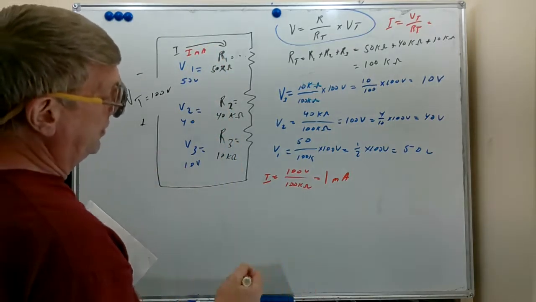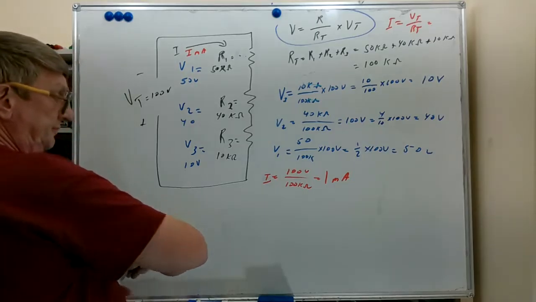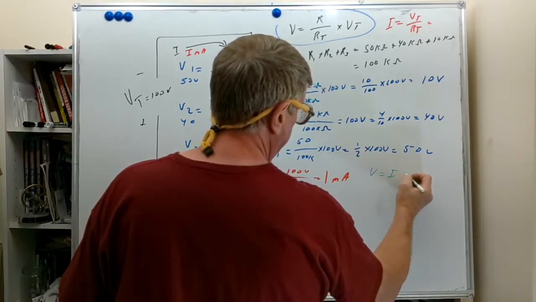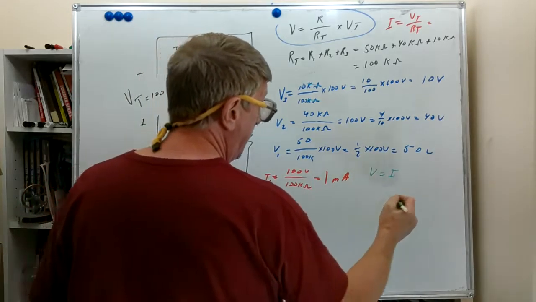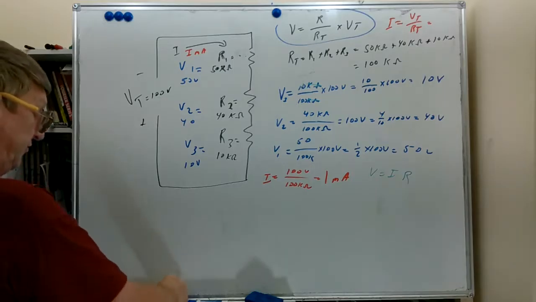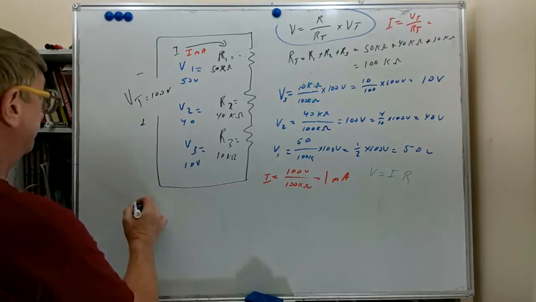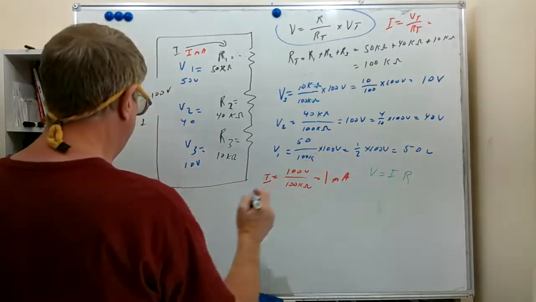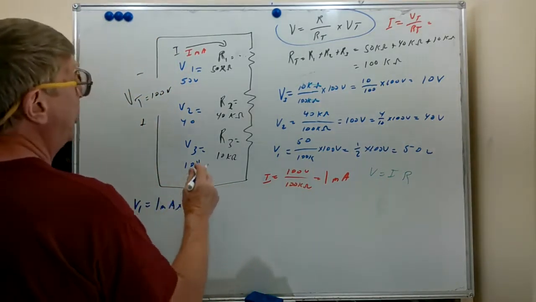So now we have another formula we've used a lot of times. Voltage equals I times R. We've talked about this for voltage drop or IR drop. Let's do this for each one of these. Let's start with V1, which equals I, 1 milliamp, times R, 50K ohms.